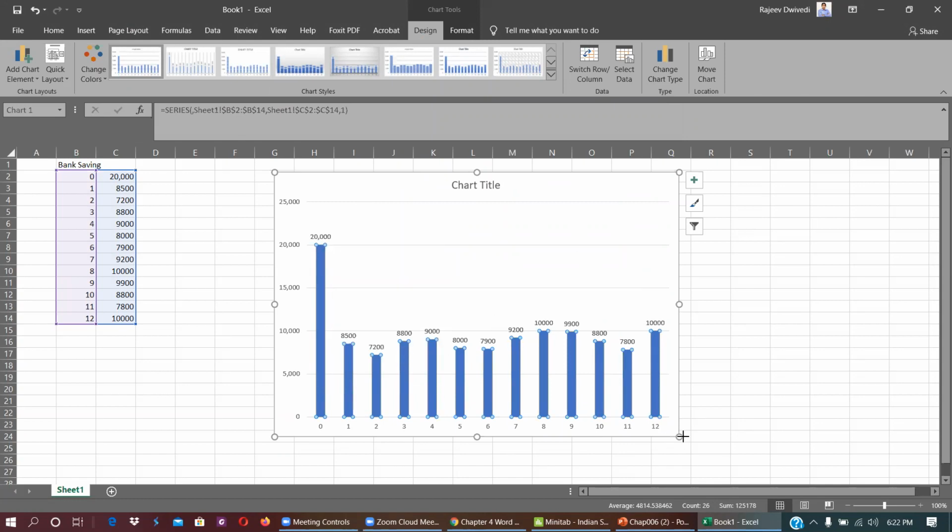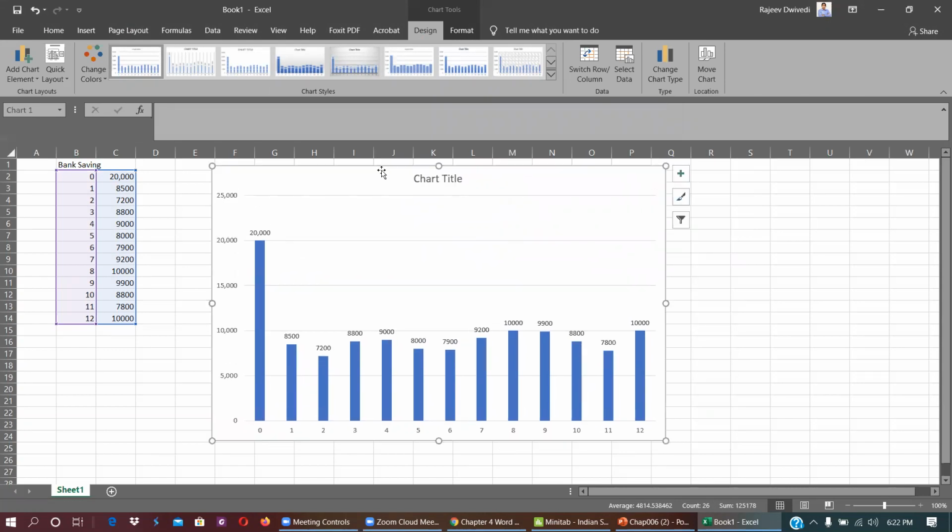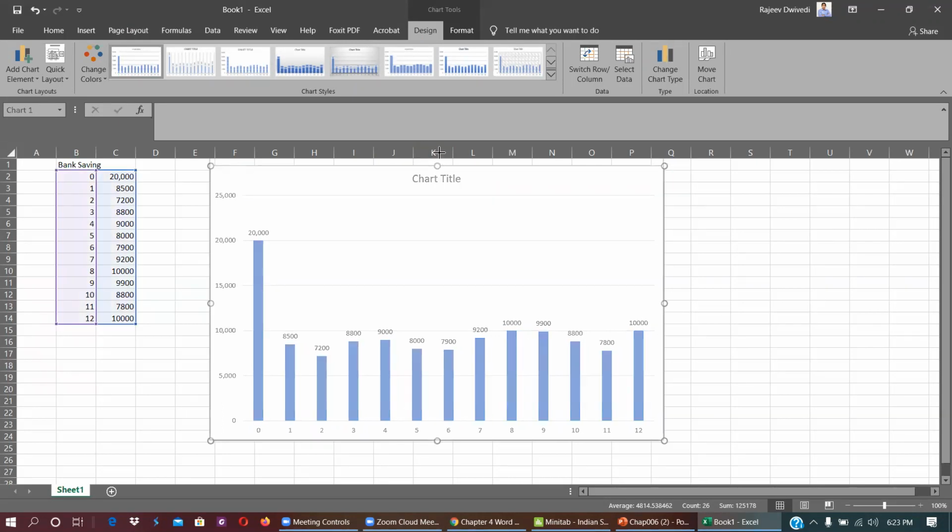So this is my salary distribution, or saving distribution, on a monthly basis. Is it correct? In month 0 I have 20,000, first month I have 8,500, then 7,000, and so forth, up to 10,000. This is my saving account monthly distribution. Now, if I do it cumulative, how can I do it?